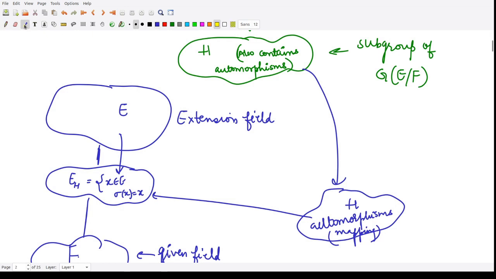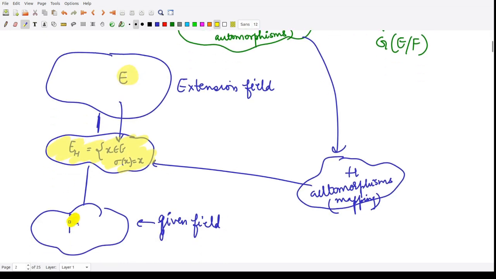This E_H forms an intermediate field between this field E and the field F. So this is the relationship that joins the groups, the subgroups as in the automorphism groups and the corresponding subfields.